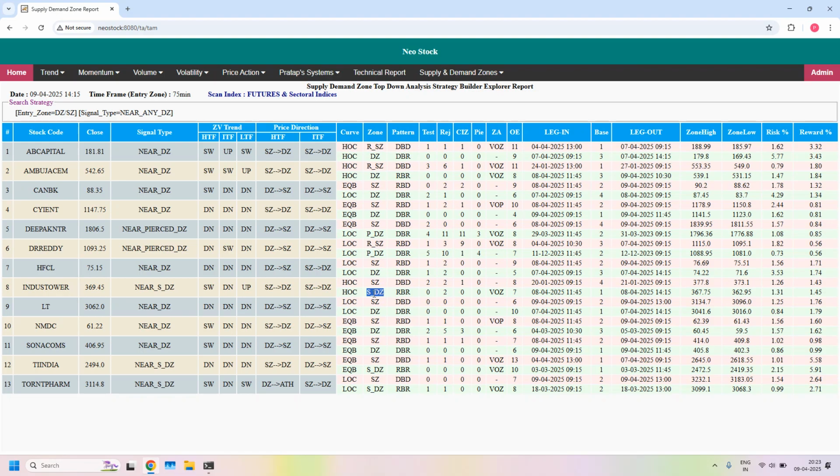Indus Towers is having a 75 minutes high liquidity demand zone. TI India is having a high liquidity zone. Torrent Pharma is having a high liquidity demand zone. We have identified 3 high liquidity 75 minutes demand zones from this list.